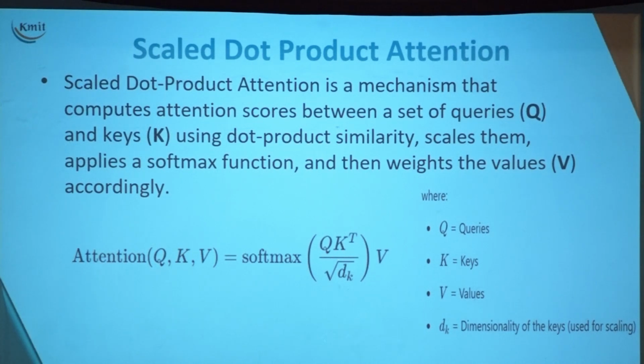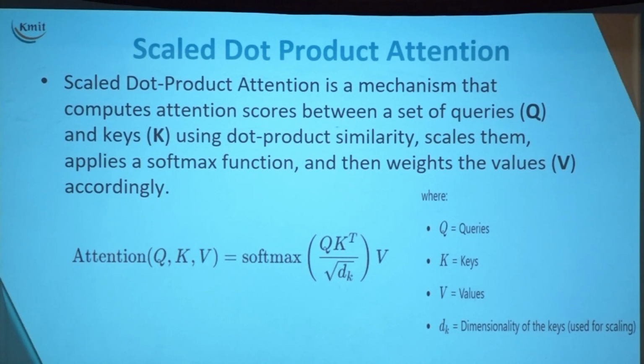Normal dot product is query into key transpose, but we are doing scaled dot product. Scaled dot product means you divide that dot product of query and key by the square root of the dimension size of the key. That square root of dk that you can see here is your scaling factor.